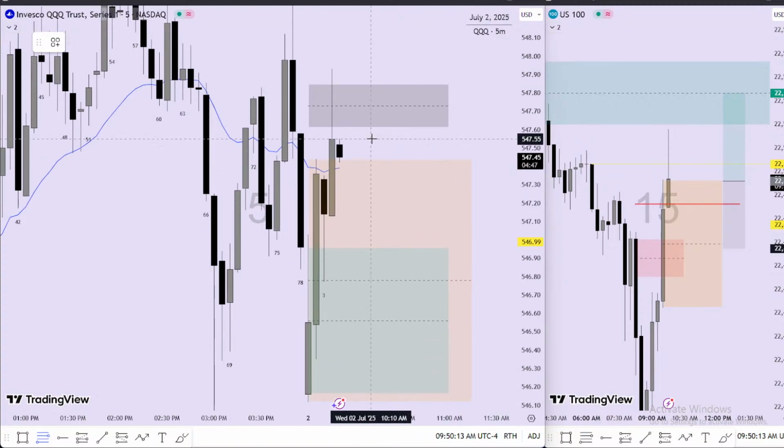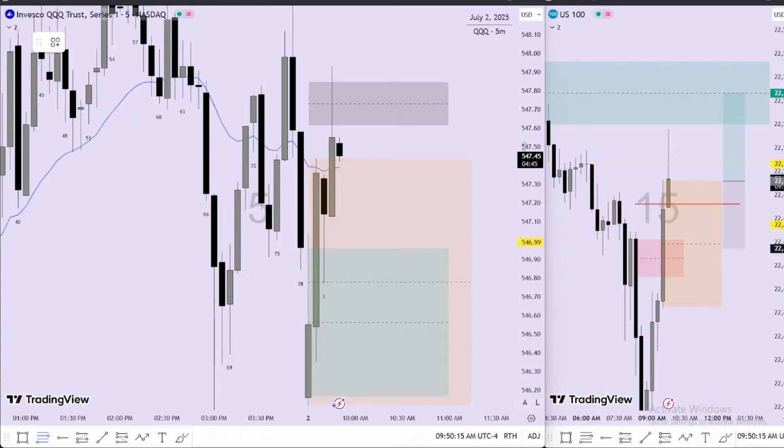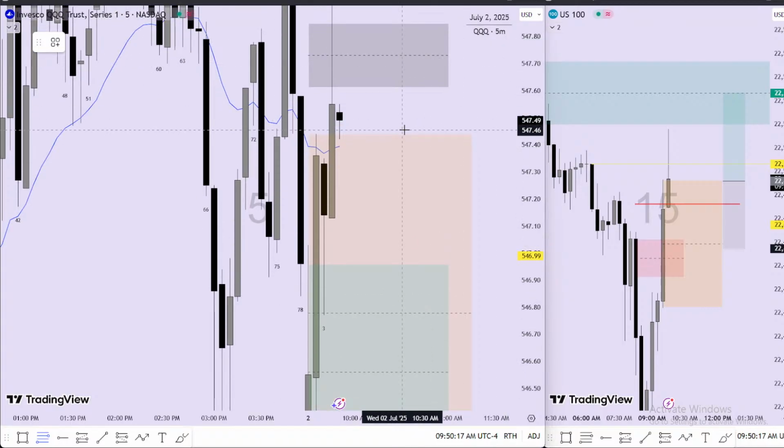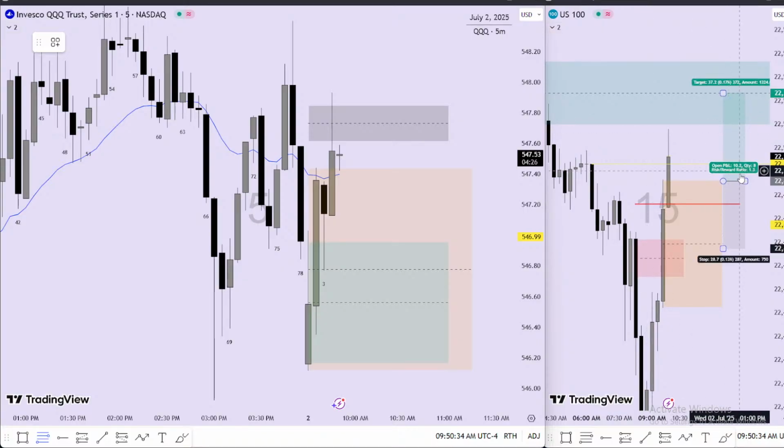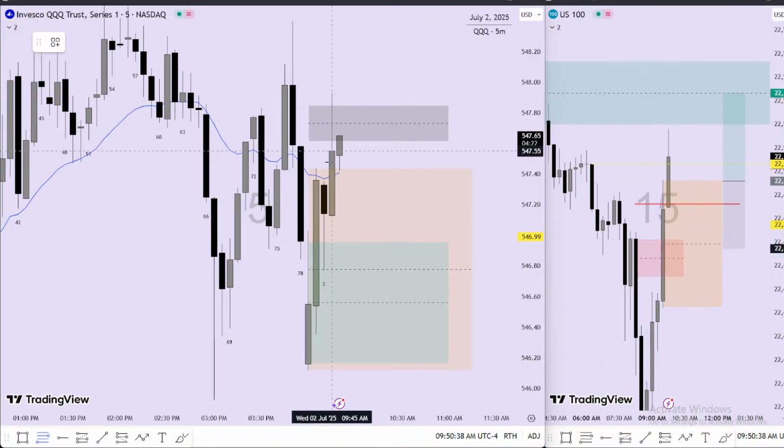Not a very good closing above the moving average. We're retesting the initial range. One third of the 15 minutes is closed. This is the first part of the 15, second and third part.